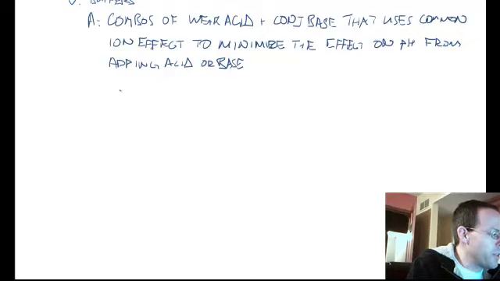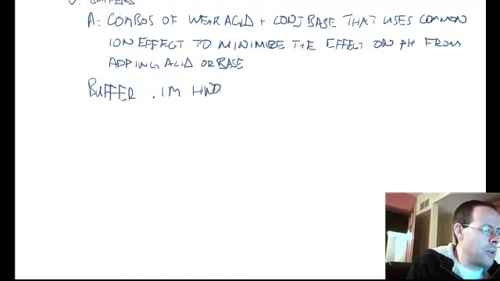But our example is essentially going to be, if we have a buffer that's consisting of 0.1 molar nitrous acid. So this is a weak acid. It's nitric's kind of twin brother, but not really a twin. So if we have 0.1 molar nitrous acid and 0.2 molar sodium nitrite.